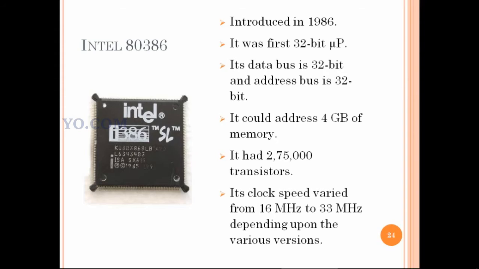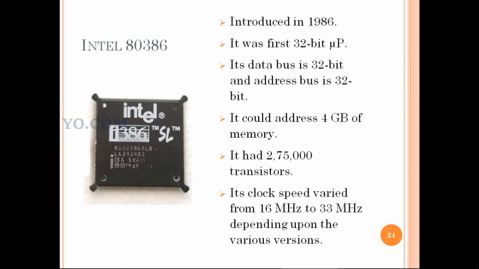It is a 32-bit microprocessor, which means it has a 32-bit data bus and also a 32-bit address bus. By using a 32-bit address bus, it can address 4 GB of memory. This integrated circuit consists of 275,000 transistors inside.